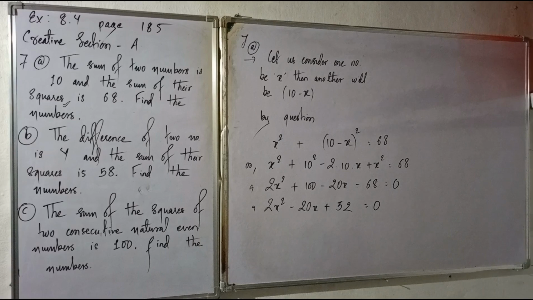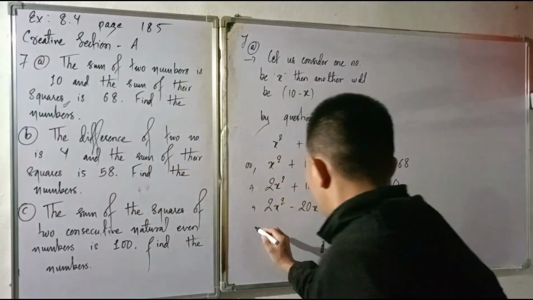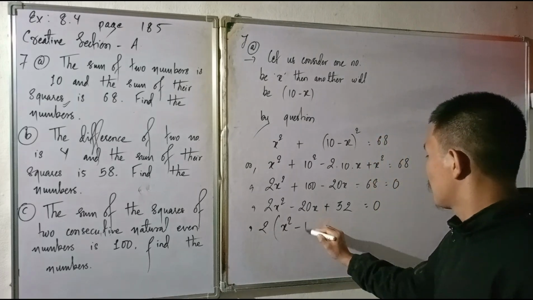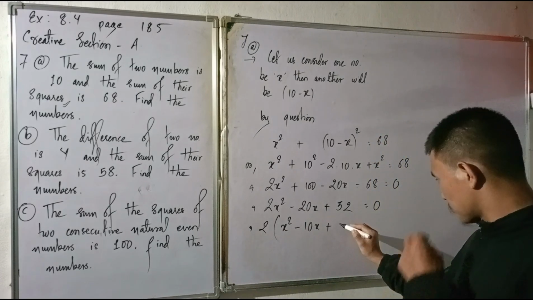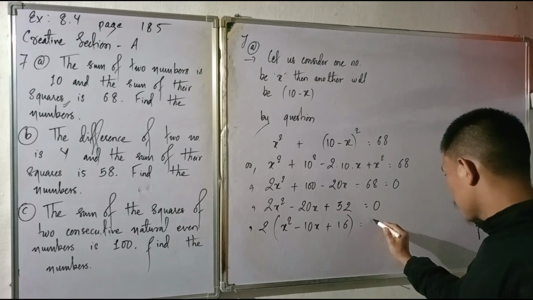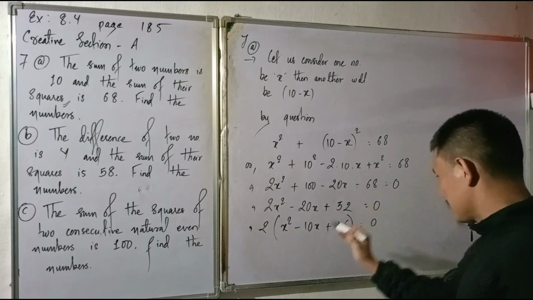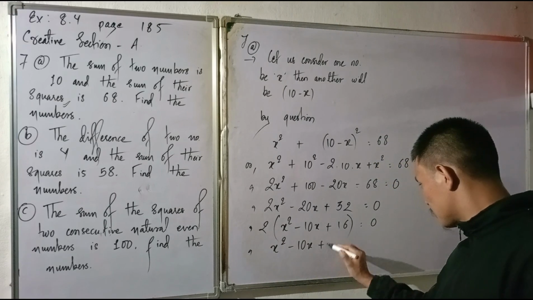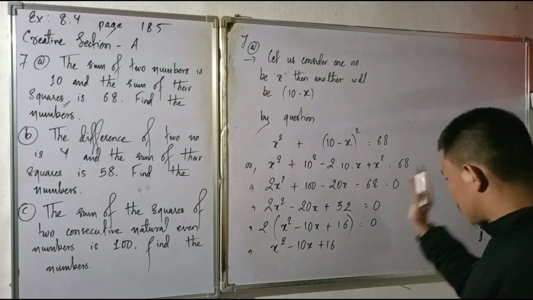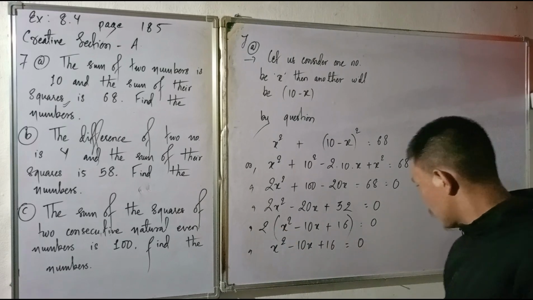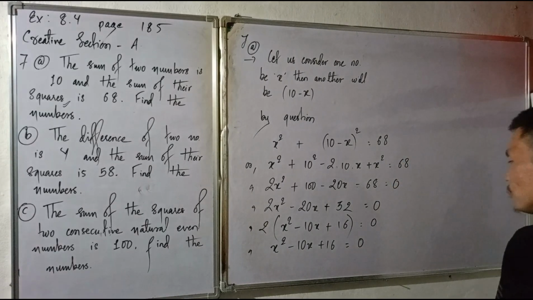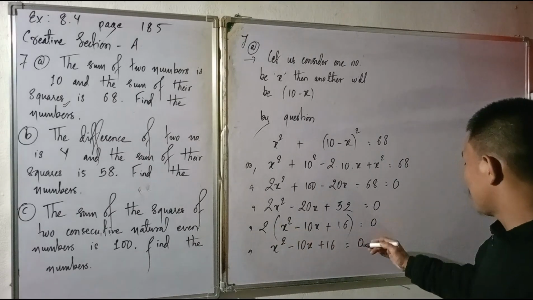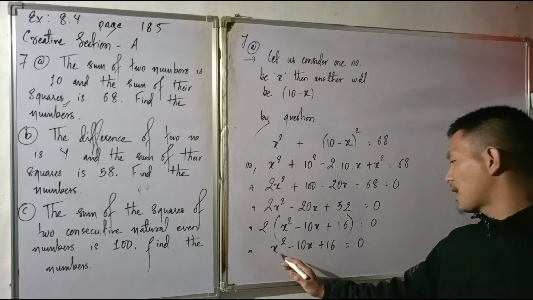If you take 2 common here, what happens is 2 times x squared minus 10x plus 16. Then 0 divided by 2 is 0, so the 2 is absorbed by the 0.